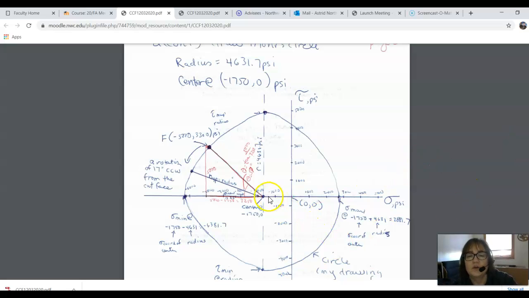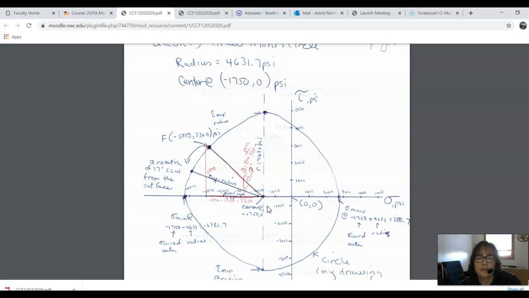All right, so if you look at any time that you construct a right triangle with the center as the apex, the hypotenuse of that triangle is always going to be the radius of the circle, because that's the distance it takes to get from the center to the edge of the circle.